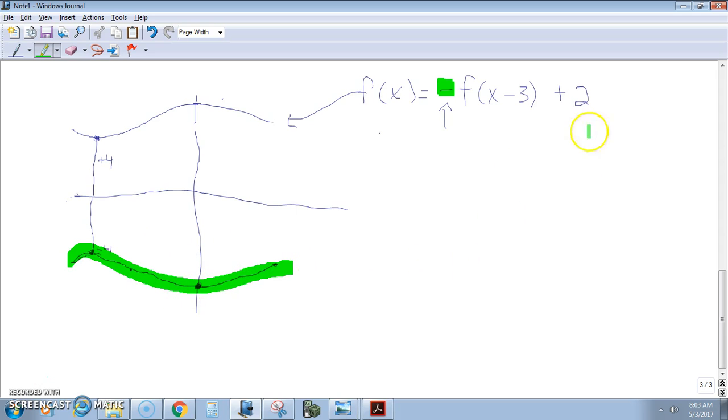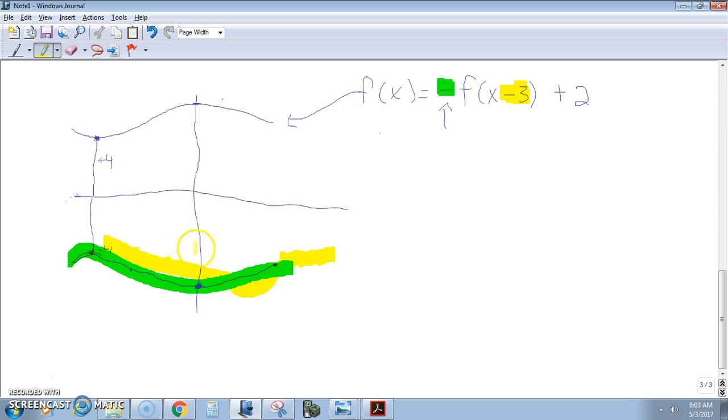And then we can move it to the right 3. Let's make that maybe yellow. So this negative, it's counterintuitive, means move it to the right 3. So every point on my new line, I'm going to move it to the right 3, like 1, 2, 3, 1, 2, 3, 1, 2, 3. Okay, you get the idea. So that's going to be like this new point here.